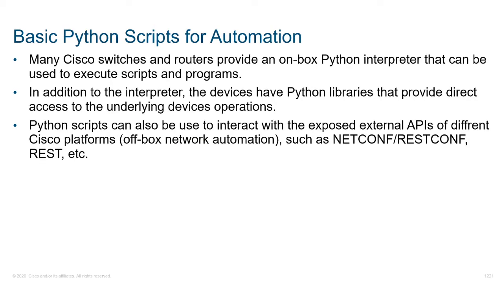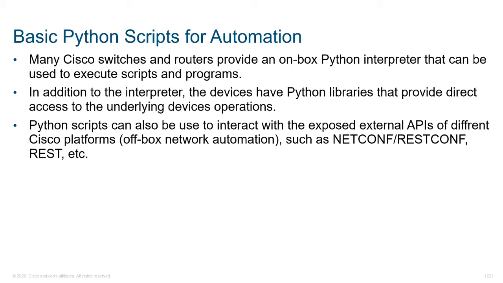Now, as far as Python goes, very, very common language. It's perfect for scripting, simple, effective, object-oriented. And it is supported on all Cisco devices for automation, especially for a lot of those common tasks.